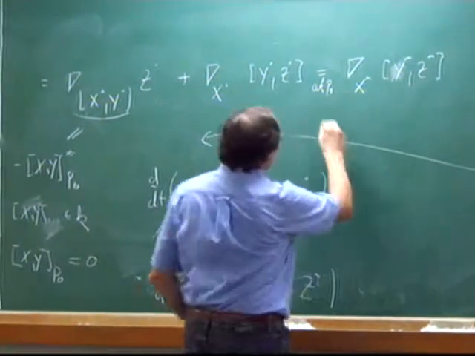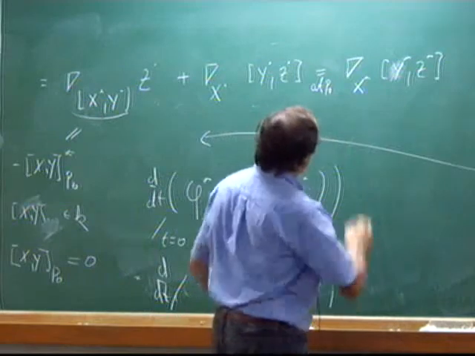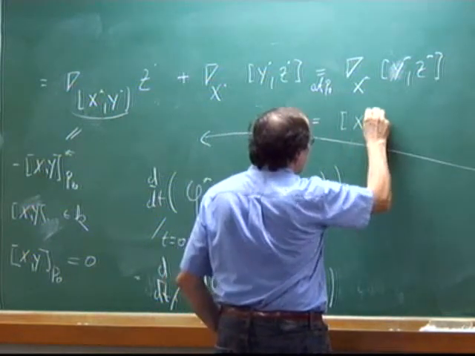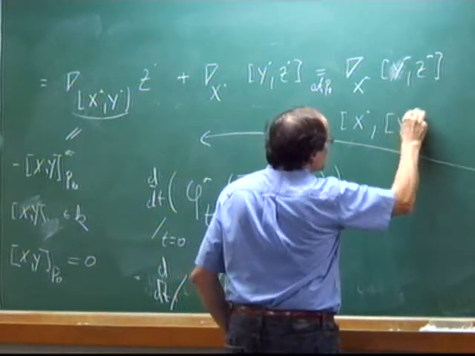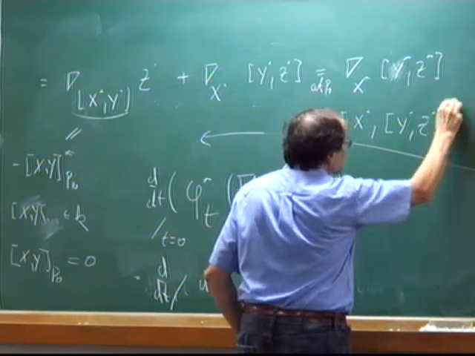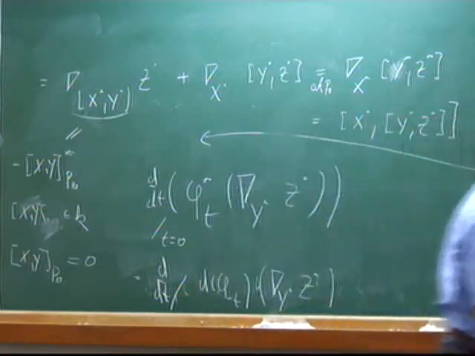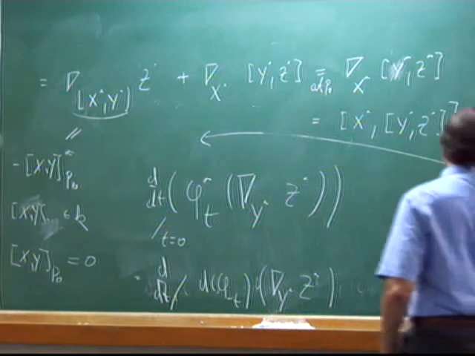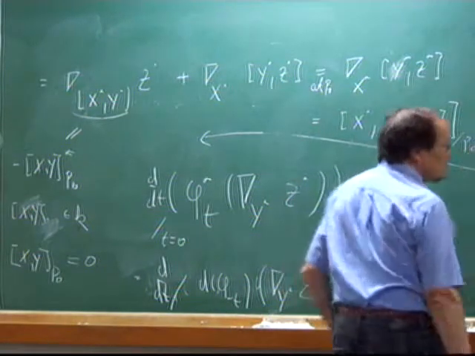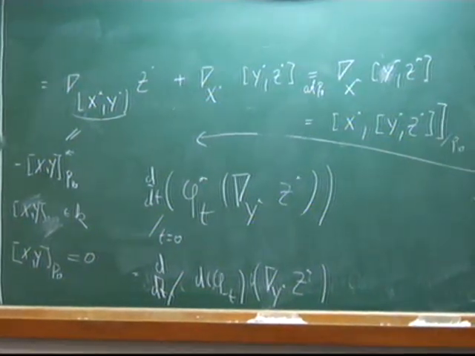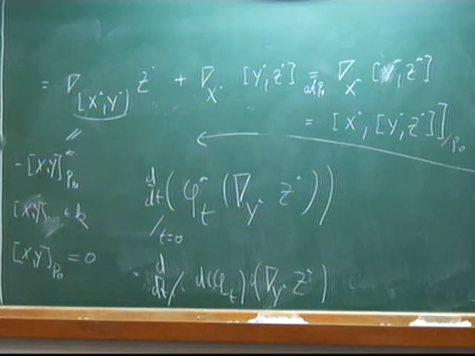And now I can apply that. Now do the covariant derivative only once. So X*, Y*, Z*, because at the point P_0, only now at the point P_0 only. Okay, I can apply this here once at the point P_0.